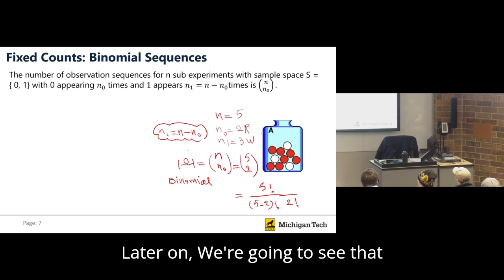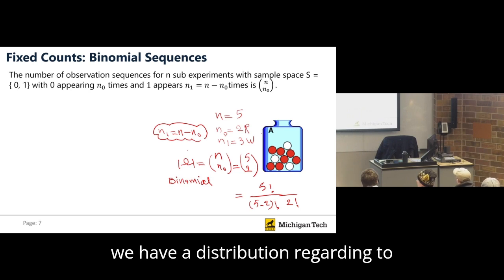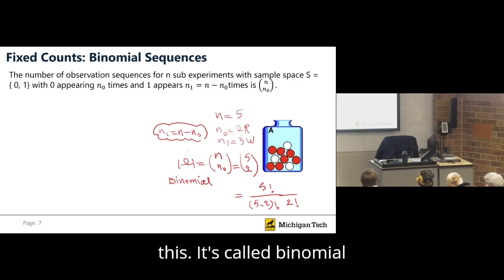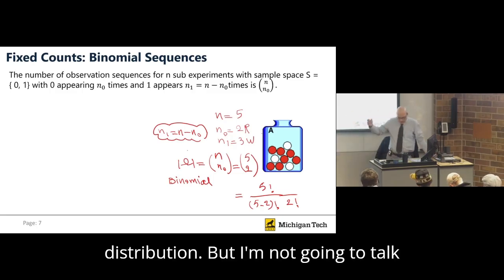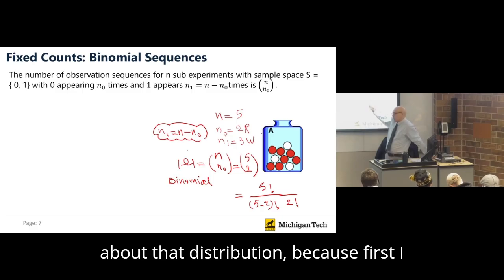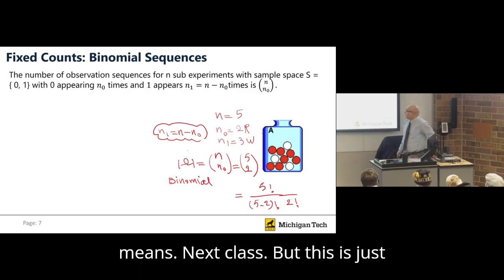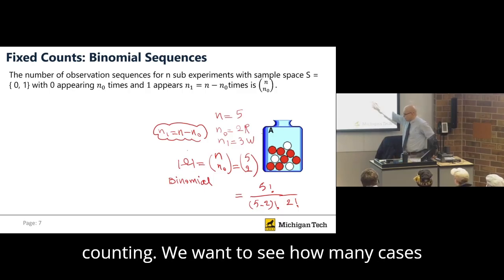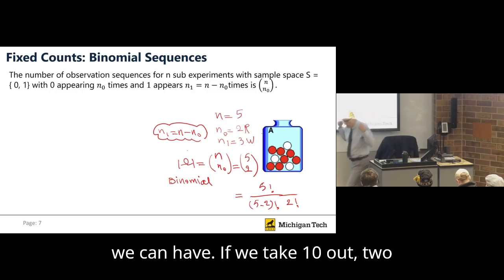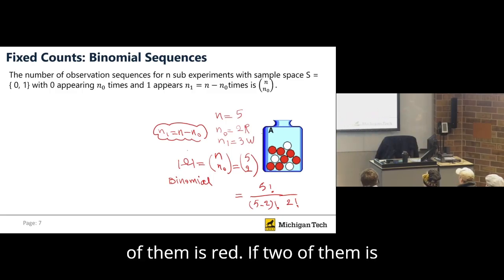Later on, we're going to see that we have a distribution regarding this, called the binomial distribution. But I'm not going to talk about that distribution now because first I need to explain what distribution means next class. This is just counting. We want to see how many cases we can have if we take 10 out and 2 of them are red.